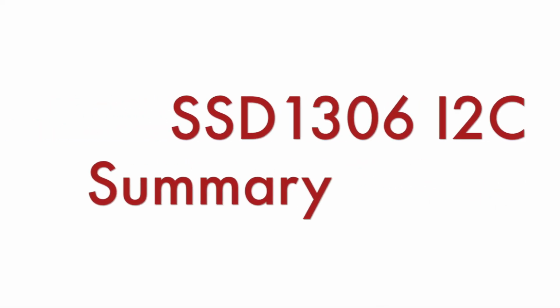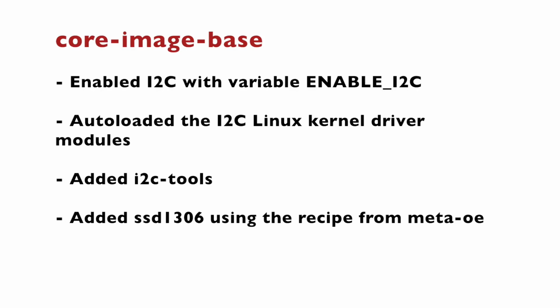So let's summarize what we've learned. I built core-image-base with enabled I2C thanks to the variable ENABLE_I2C. This is something specific that comes from the meta-raspberrypi BSP layer. I ensured that the I2C Linux kernel driver modules will be auto-loaded at runtime.